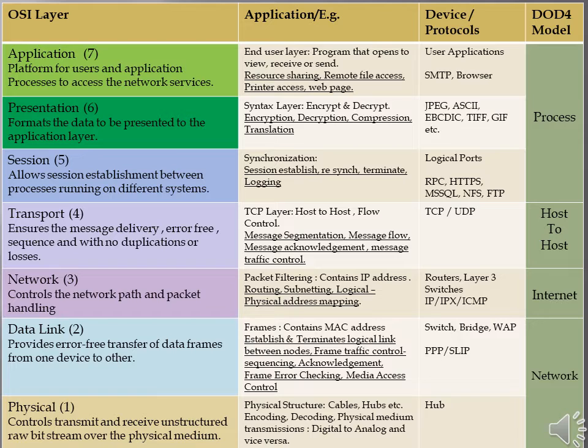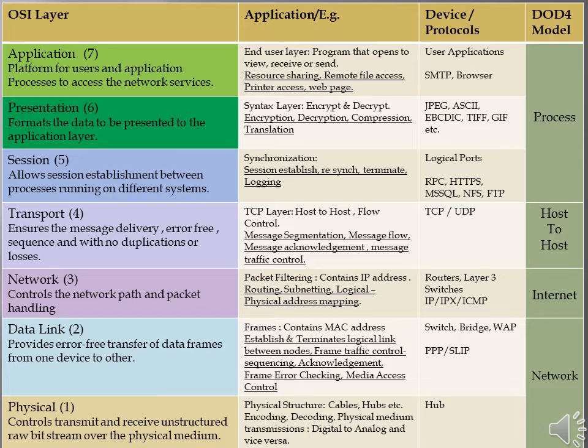Presentation layer: it formats the data to be presented to the application layer. It is also called the syntax layer. It encrypts and decrypts. Examples: encryption, decryption, compression, translation, all performed in this layer.